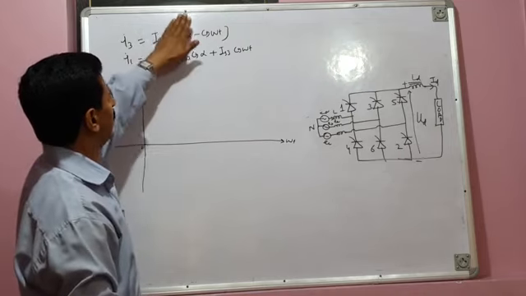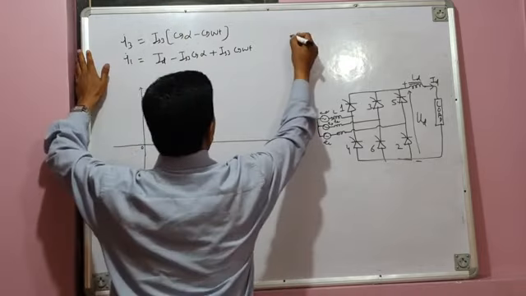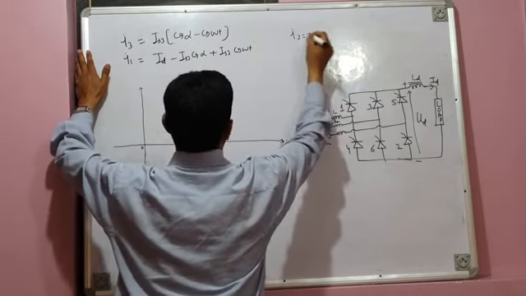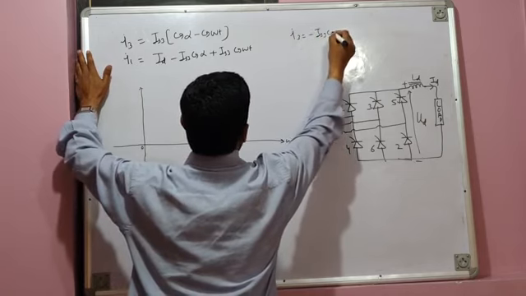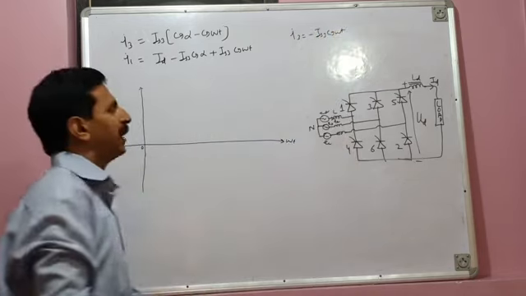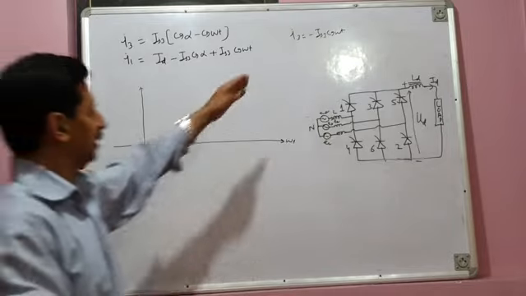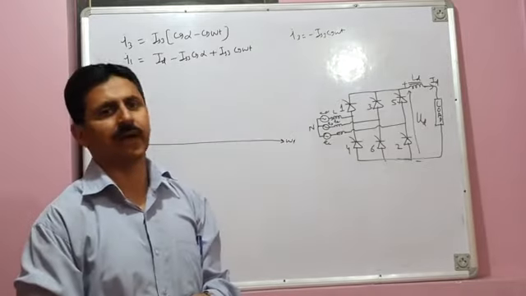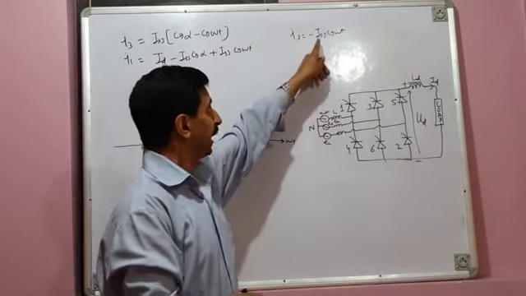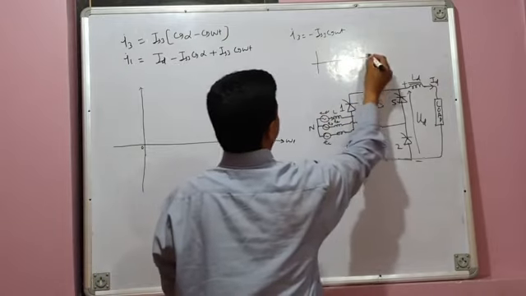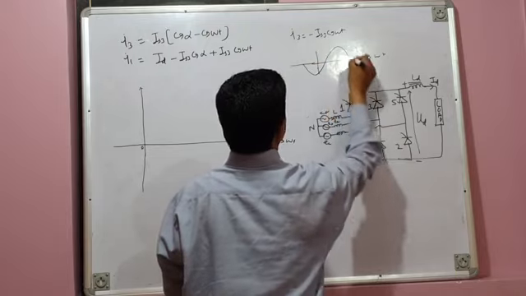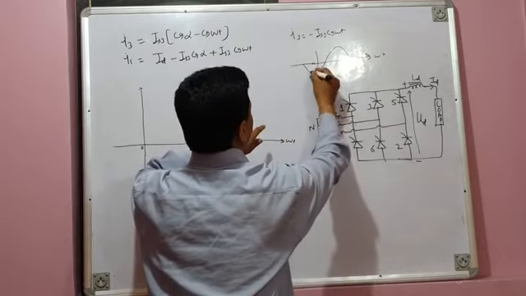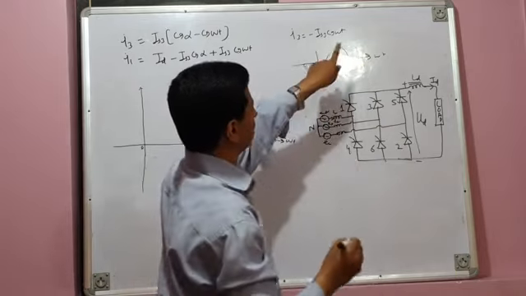So let us suppose this cos alpha term is not there. For the time being, let me write I3 would have been minus IS3 cos omega t. If this were my I3, then this equation clearly tells that my valve current is a negative cosine wave. That means if this is your omega t axis, a negative cosine wave looks like this. Cosine wave, but negative cosine wave. You can see the negative cosine wave.